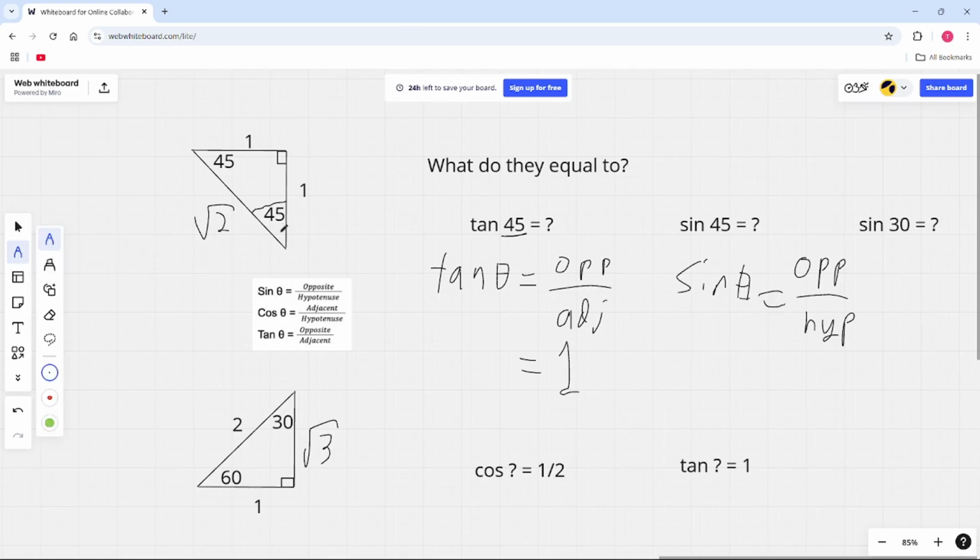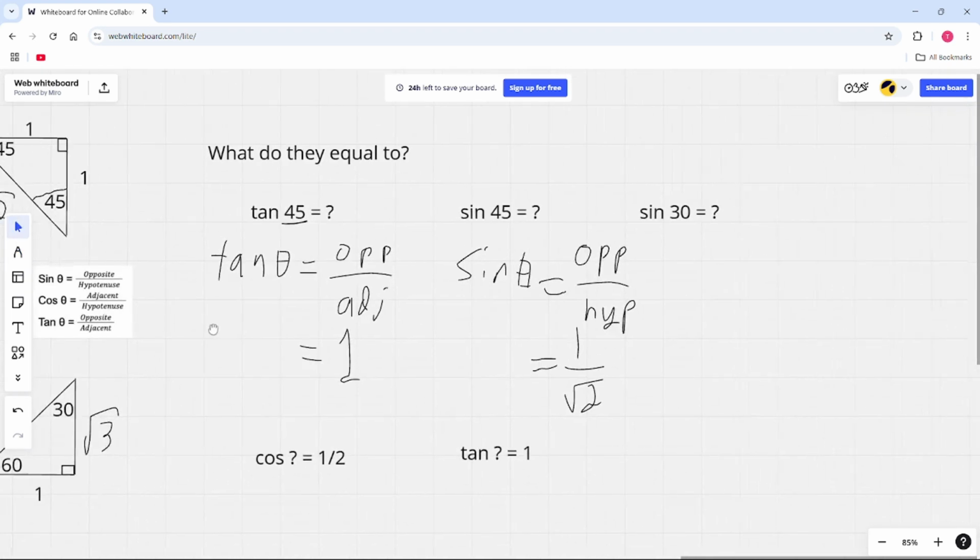Now, this triangle obviously doesn't have 45 degrees, so we have to look at this triangle again. So what is opposite to angle 45 is 1. And our hypotenuse is root 2. So sine 45 is equal to 1 over root 2.